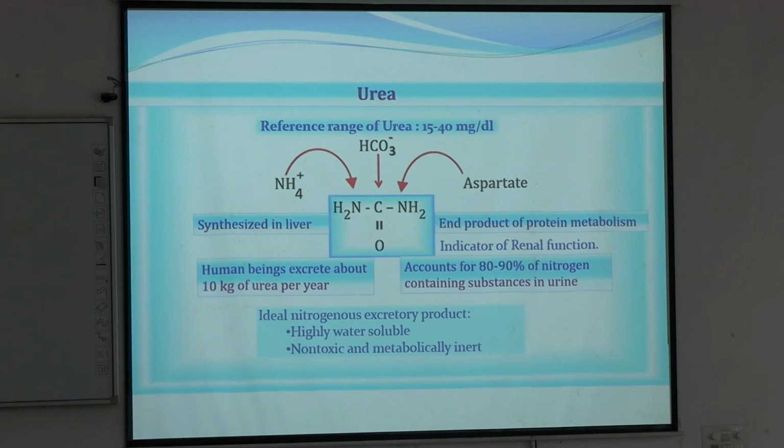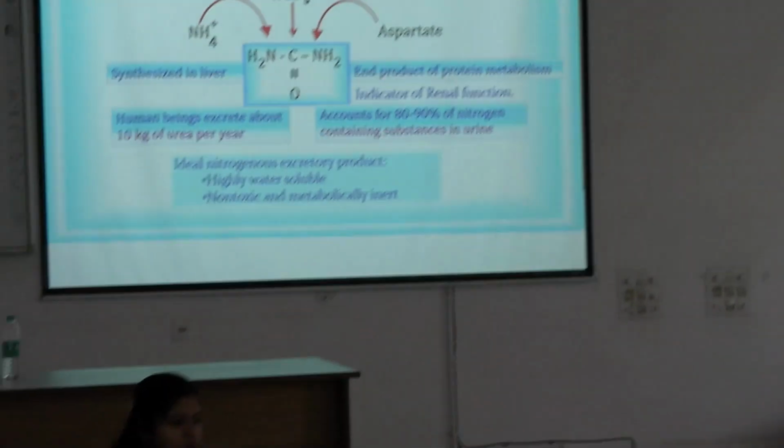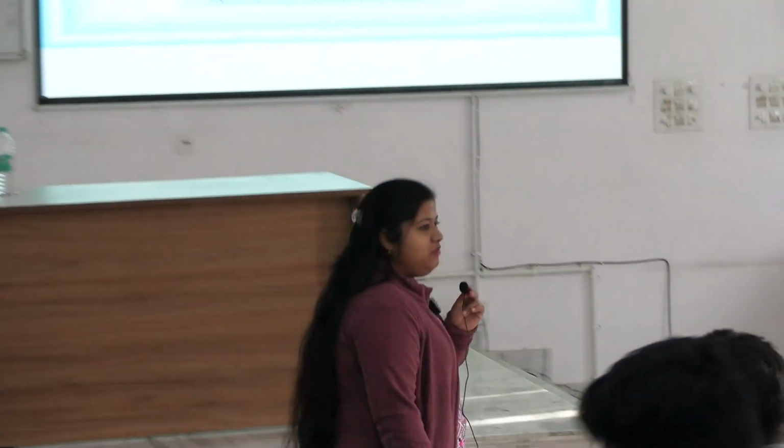The major excretory product of protein metabolism is urea. And urea is a normal constituent of urine, not abnormal. All of you have learned many abnormal constituents in your practical, but urea is a normal constituent of urine.